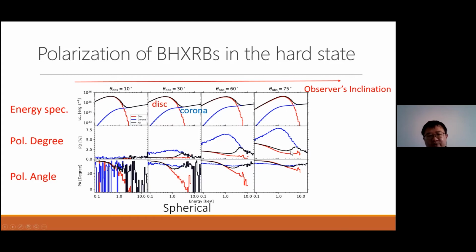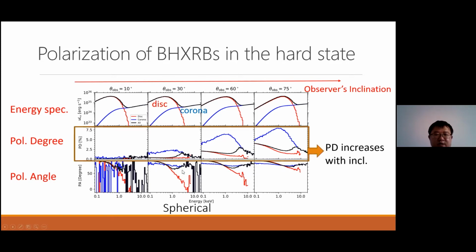So you will see more polarized X-ray radiation if you look at the source edge on than face on. And if you look at the polarization angle, especially of the corona, then they don't change too much.